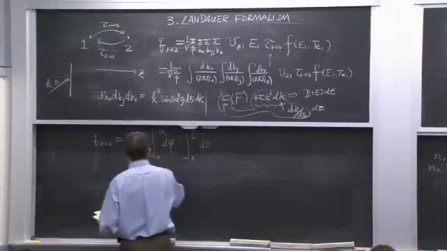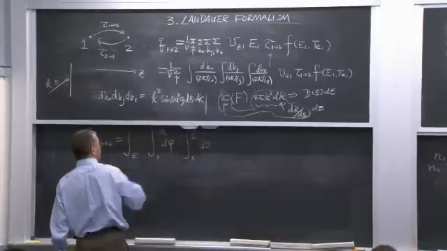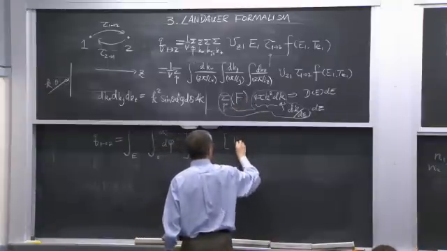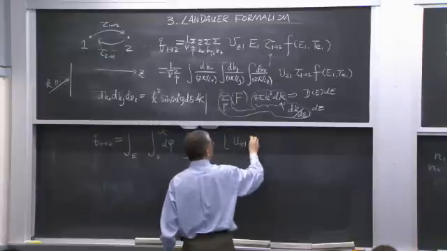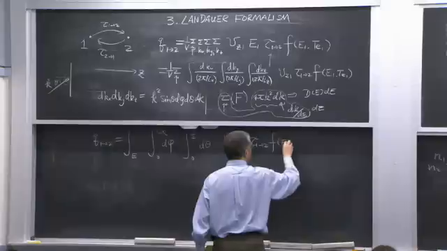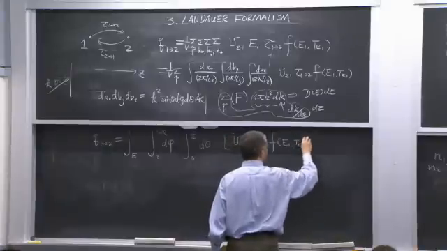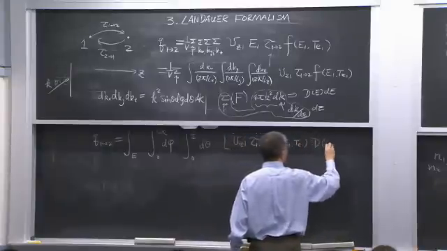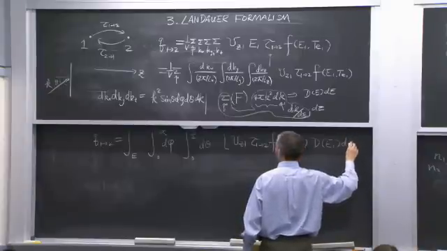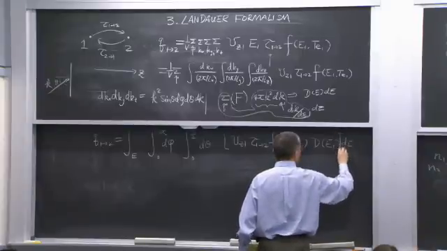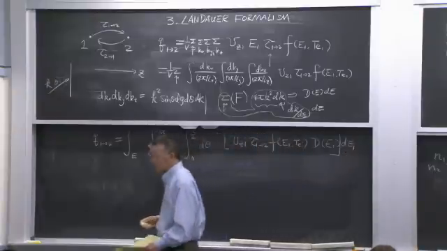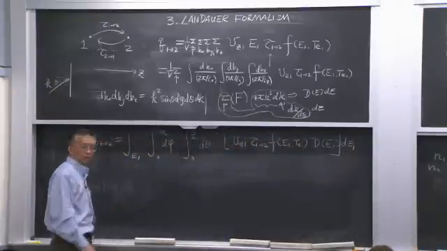And dk becomes dE. And what's left in the bracket is Vz1, tau 1 to 2, and f E1, T E1, and times the density of states at E1. Right? So this is dE1. And this is the energy spectrum at the point 1.